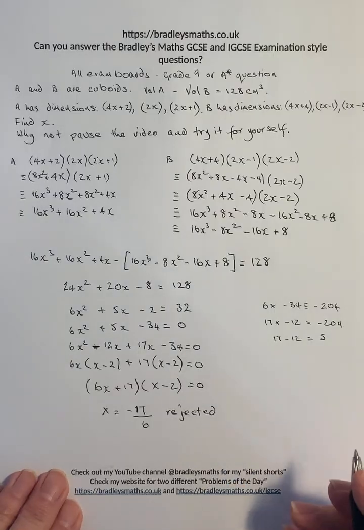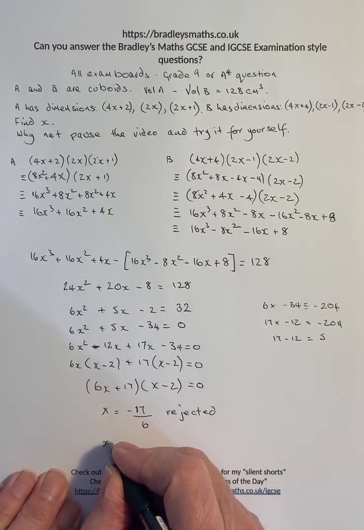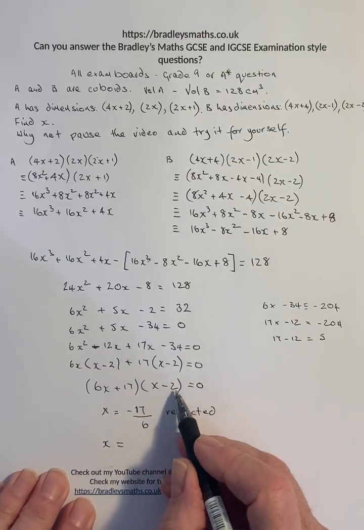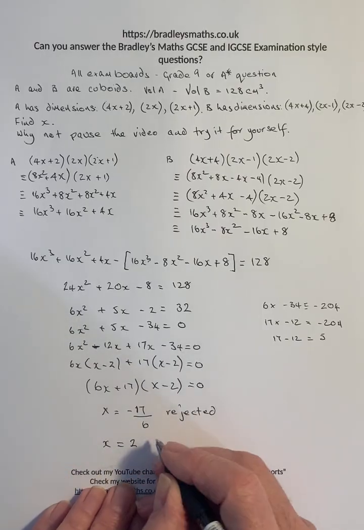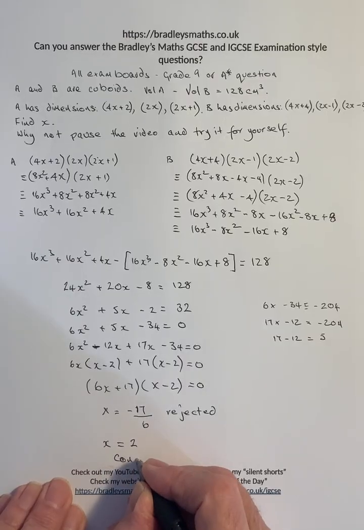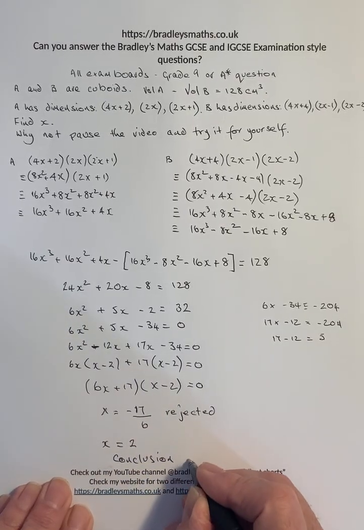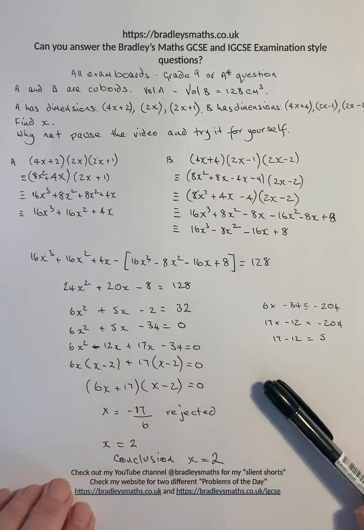So negative 17 over 6 is rejected as a solution. And the other one is x minus 2 equals 0, so x equals 2. That is positive, and our conclusion has to be that x equals 2. There we go.